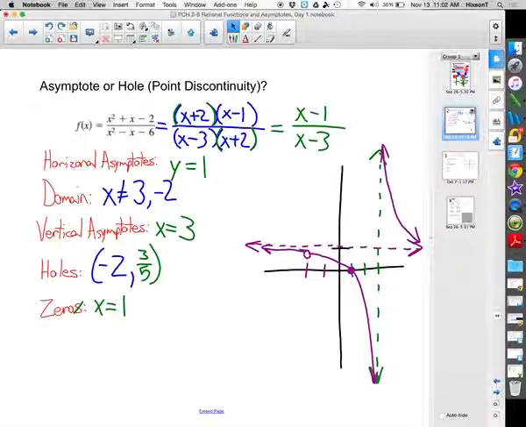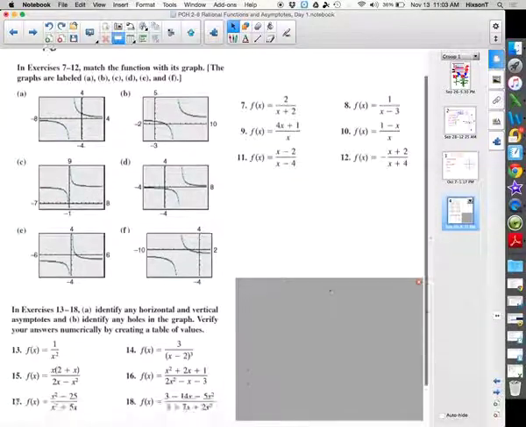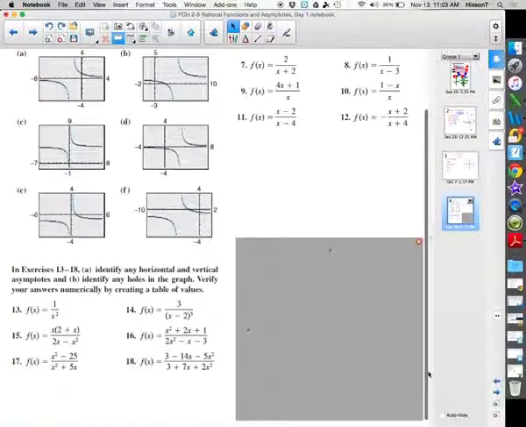Okay? So, for the practice, here you have some matching, okay? As you're looking to match, pay special attention to the equations and what the asymptotes would be, okay? Look at where the asymptotes are in the graphs, and look at what the asymptotes would be from the function. And then, you've got a few here.